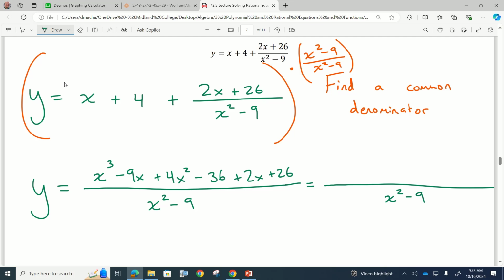And so my numerator is going to be x cubed plus 4x squared, then for the x's, I've got -9 plus 2, so -7. And for the constants, I'll have -10.